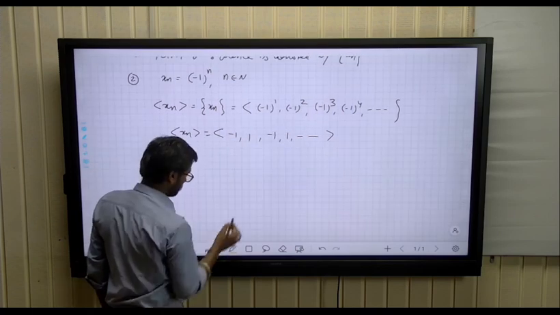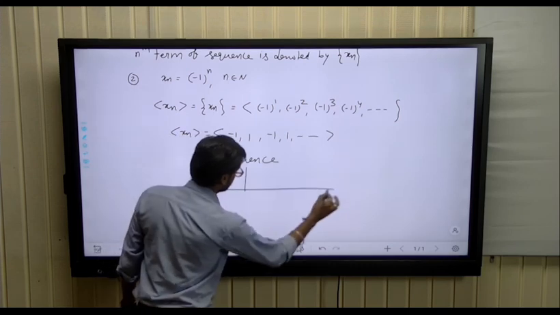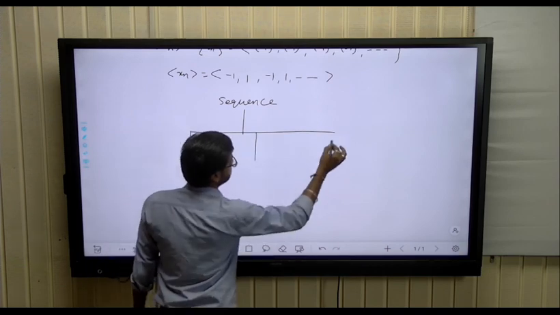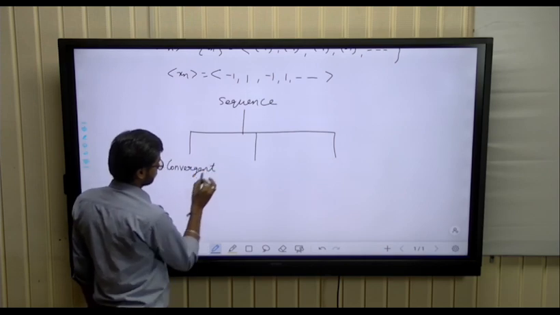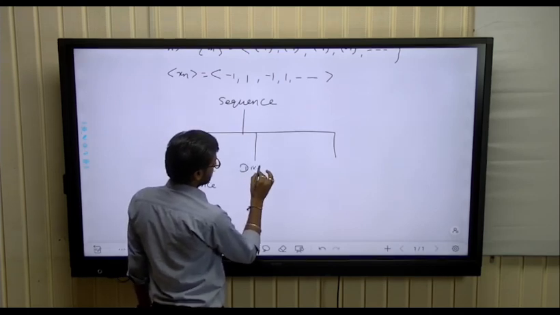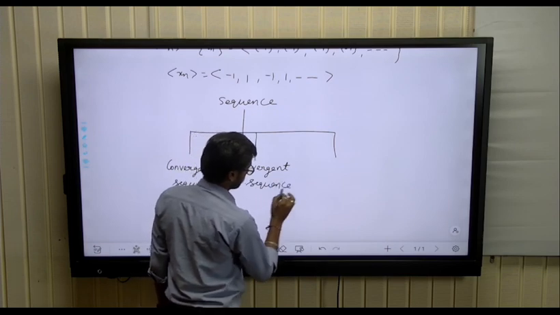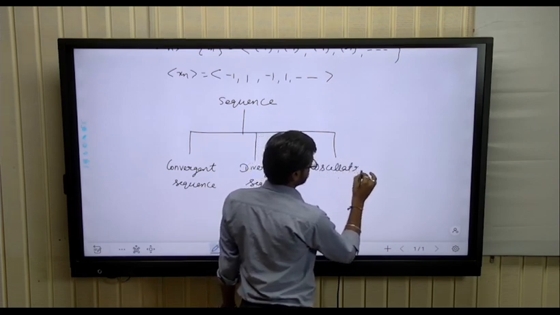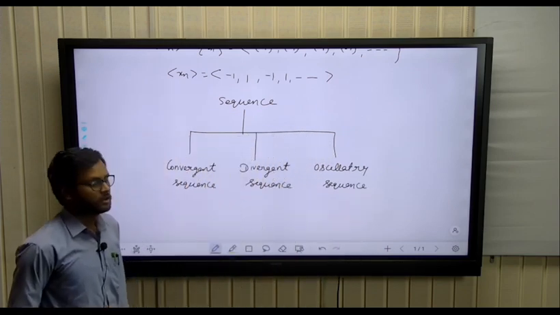The first is the convergent sequence, the second is the divergent sequence, and the third is the oscillatory sequence.